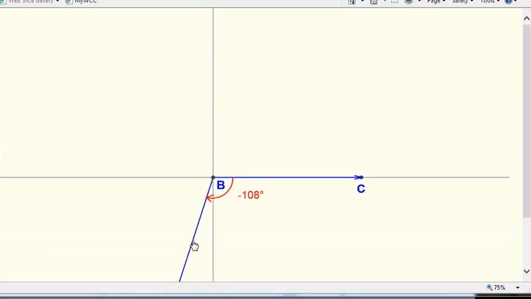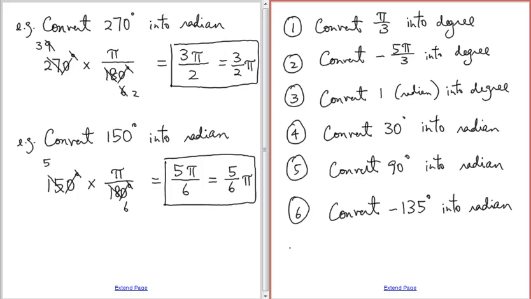And if I continue all the way to the negative x-axis, what would be the angle? Negative 180 degrees, like this, right? So when we have a negative degree or negative radian, that means the pole is turning clockwise. All right? Okay, let us continue.